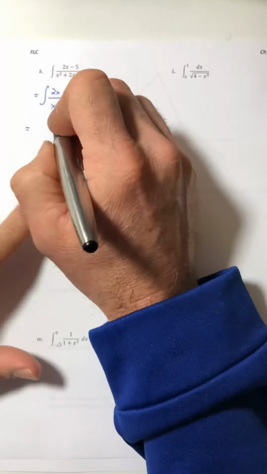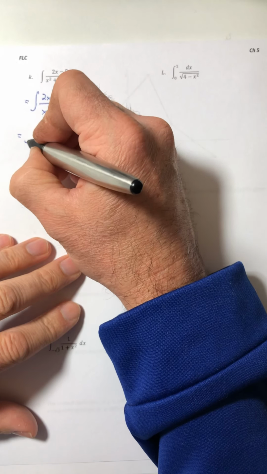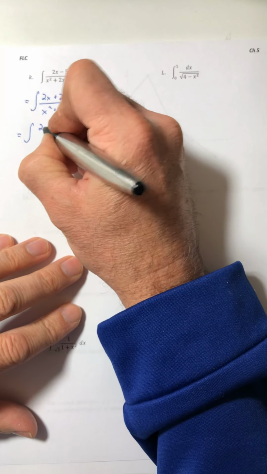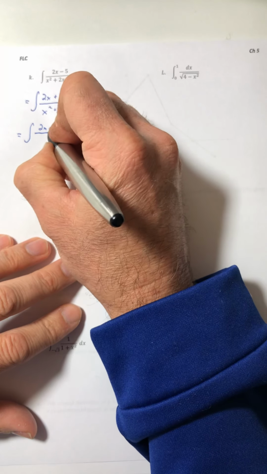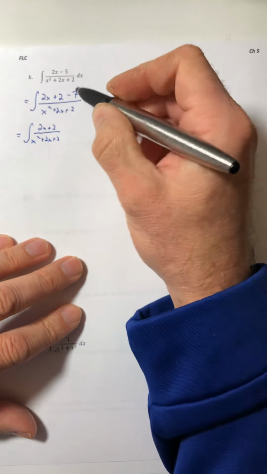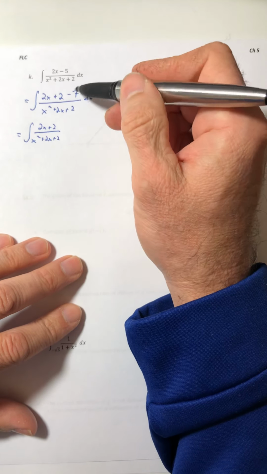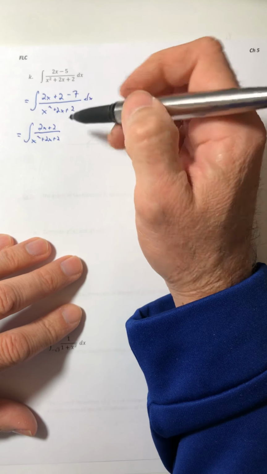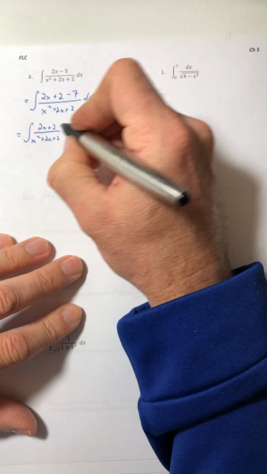So now I can split the fraction, and I'm going to split it so that the 2x plus 2 is in one fraction, and then I'm going to put the negative 7 in its own, but at the same time I'm going to factor that negative 7 out to the front.